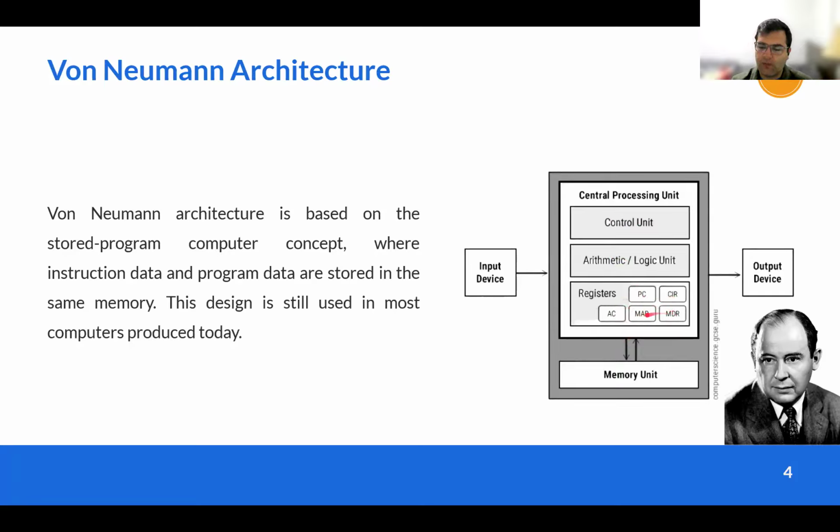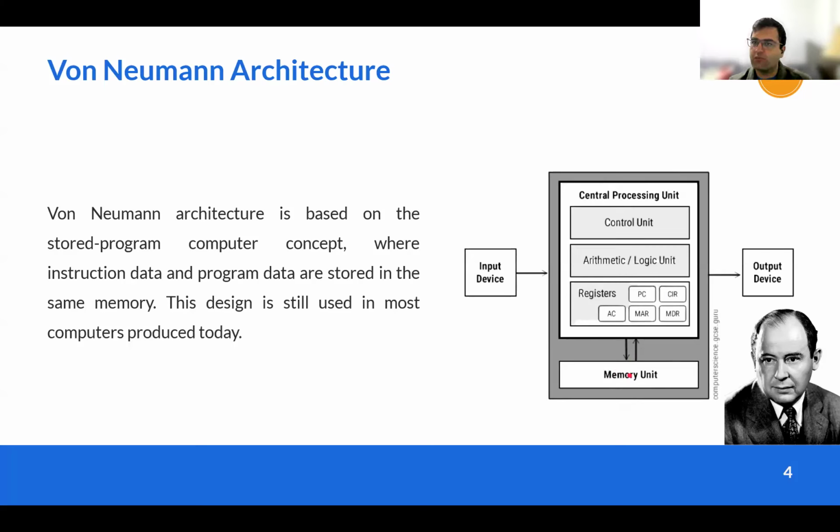Like, what are we doing next? What have we calculated so far? That's all in the registers. And in the memory unit is where the program data and instruction data is stored. And the memory unit is the component that communicates with the permanent storage.